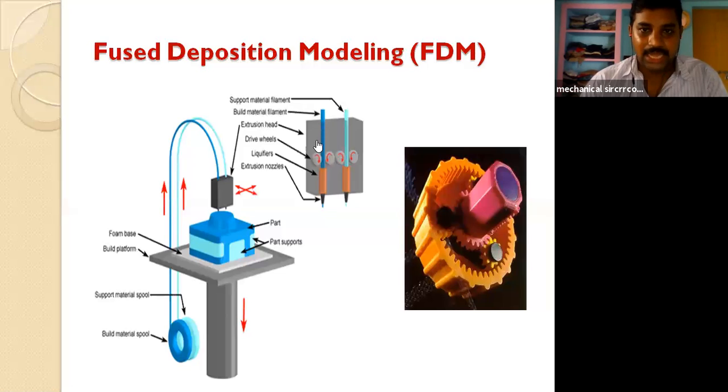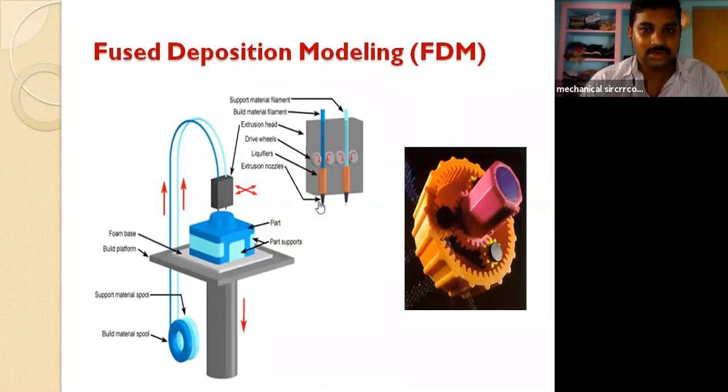It is the actual material, the original material, and beside this material we have the supporting material filament, another material which gives support to the actual material. And the drive wheels, this material will be injected from the nozzle.